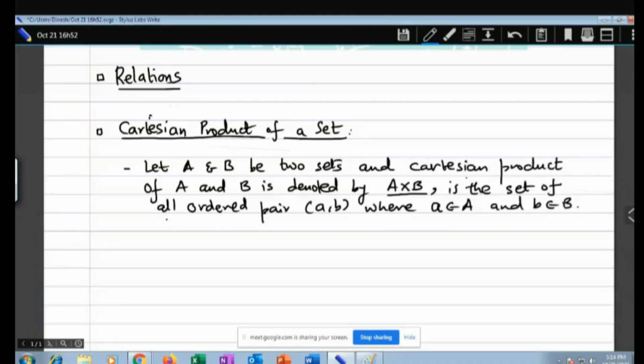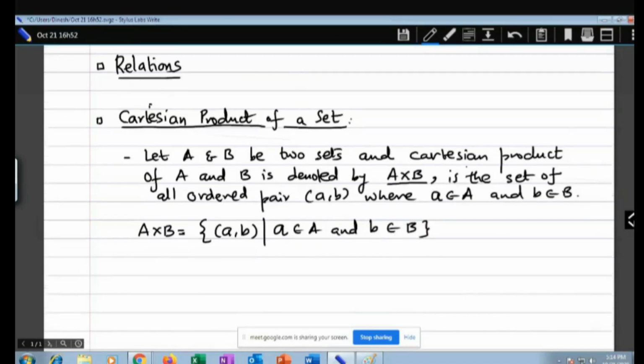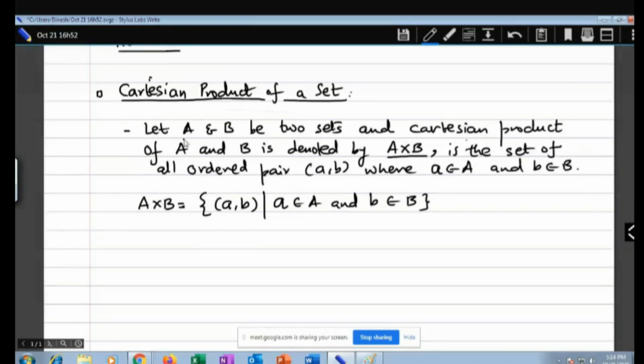So it can be denoted as the set of pairs (a, b), where a is in A and b is in B. Now A and B here are two different sets.